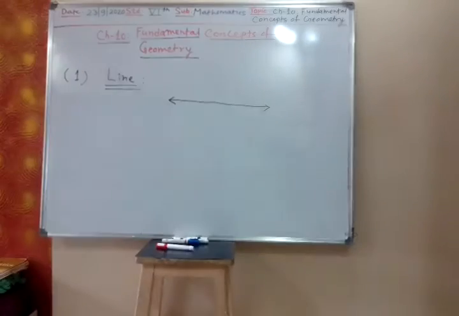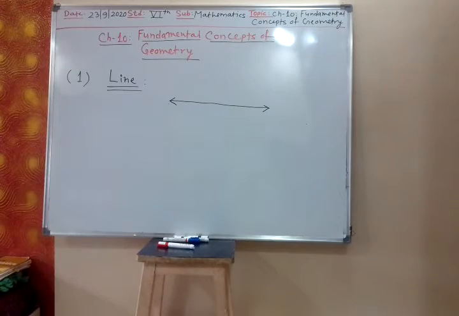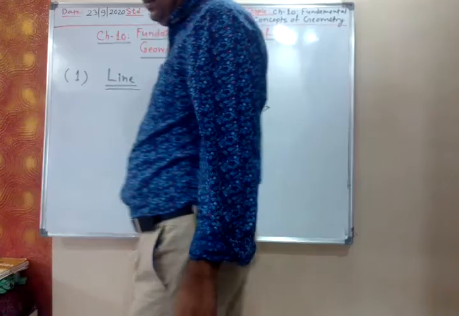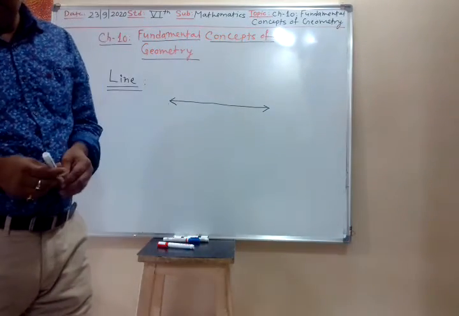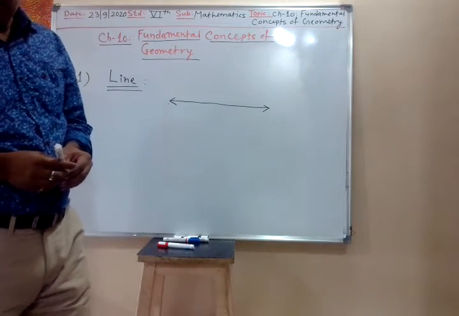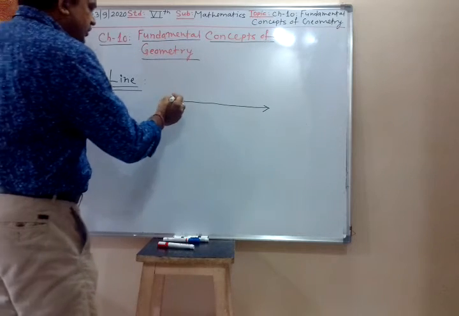Yes, it is clear, right? It has an arrow at both the ends. Write down, three pages you leave. A line has an arrow at both the ends.